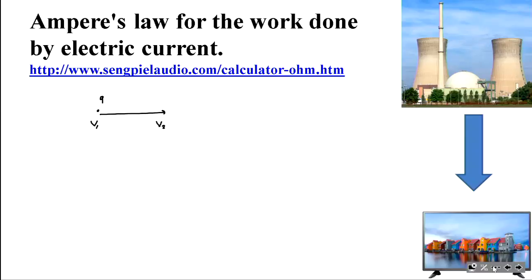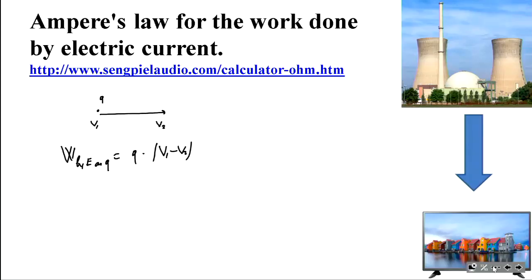How much work does the electric field do on it? Well, lecture 3, the work done by the electric field on a charge is equal to this. Nothing new. In our situation, that single charge, of course, is an electron. Yeah, an actual particle traveling through wires is an electron.